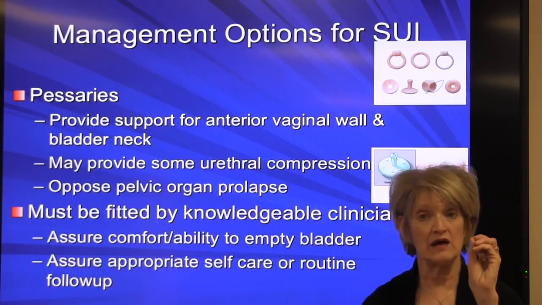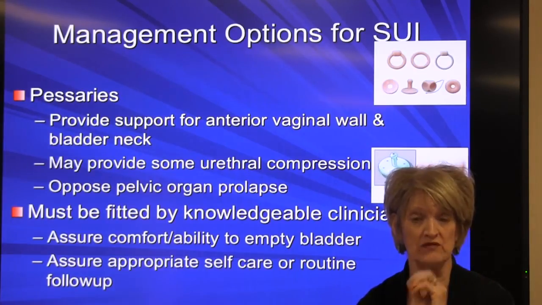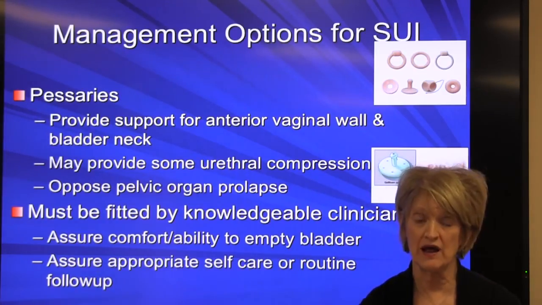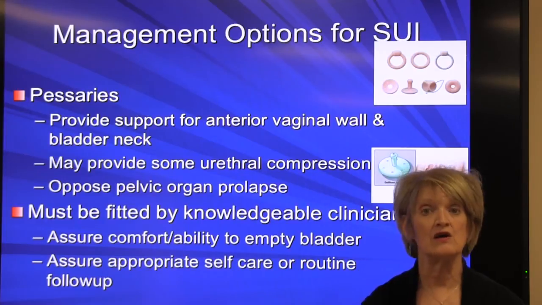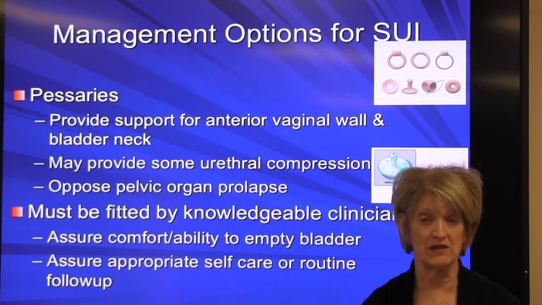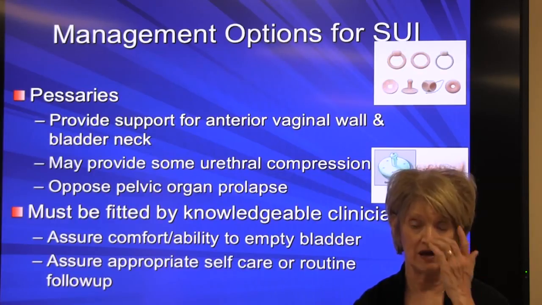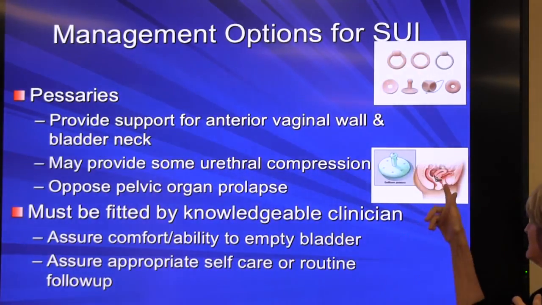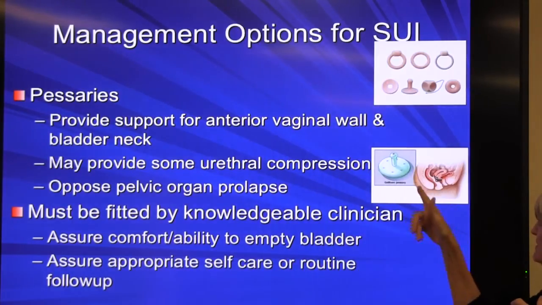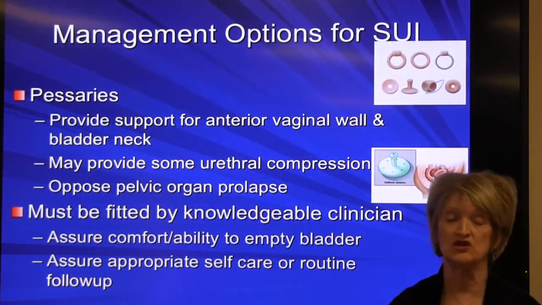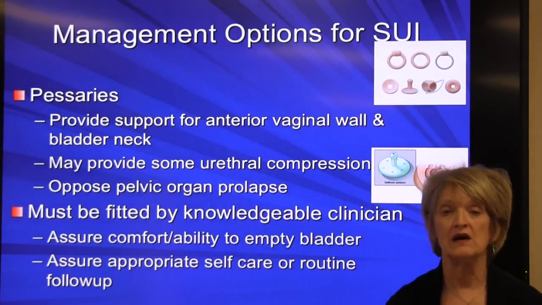Again, it can also provide some degree of urethral compression that helps oppose leakage. Critical after a pessary is placed to make sure that the patient can void effectively, that they do not have high PVRs. So that's one of the things we always check after we place a pessary. And you can certainly see that an intravaginal device can be used to reduce the risk of prolapse.